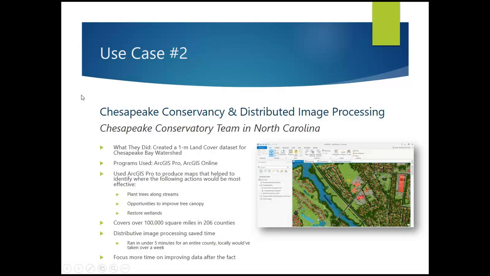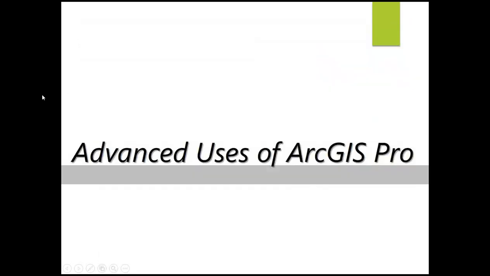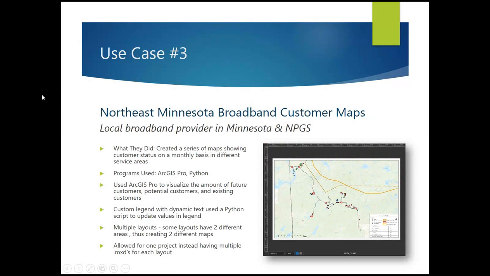This last example that we're going to take a look at here is a more local example with a local broadband provider in Northeast Minnesota, and also with us at North Point. We were able to have our hands in this project and be able to use ArcGIS Pro to assist with a local client. We were able to create a series of maps showing customer status on a monthly basis in different areas using ArcGIS Pro as well as some Python scripts.